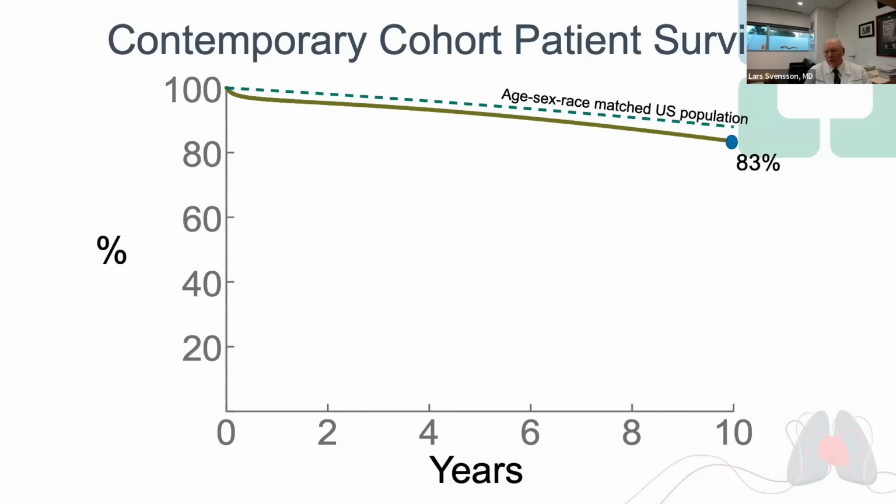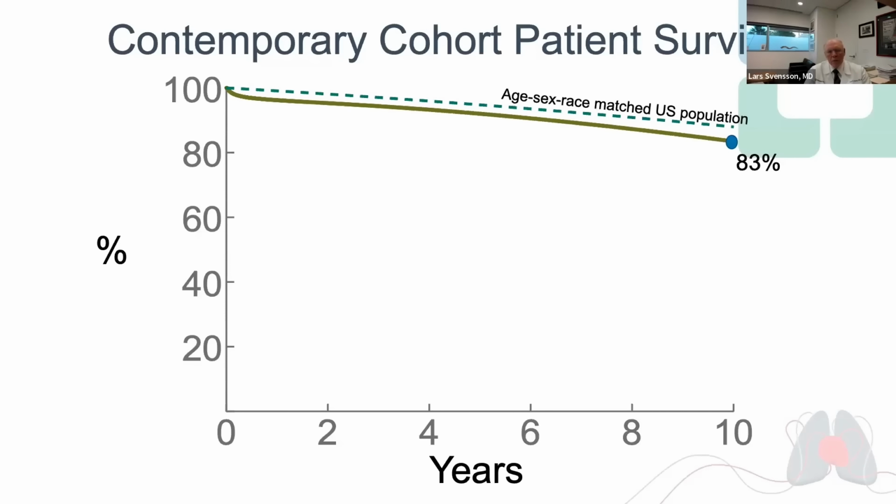One question that people ask, how's my long-term survival? So we matched survival with age and sex and race for the United States population. And once people get over the initial operation, the long-term survival is the same as the general population. And for example, this year we have had no deaths for any aortic valve replacement or aortic valve repair, isolated valves, that is, and we do about 400 a year.